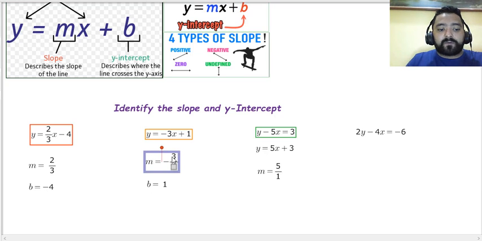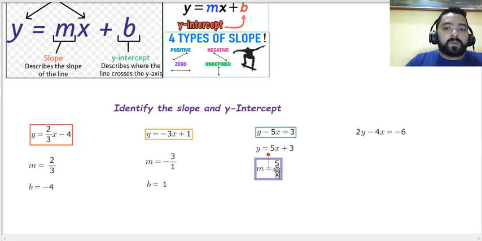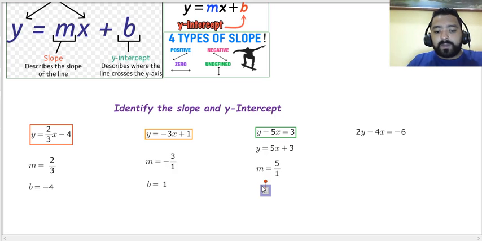It's important to have it as a fraction because remember, the numerator means y and the denominator means x, the change in y and the change in x. So in this case, please write it as a fraction when we have a whole number. And b, the y-intercept, is going to be positive 3, so just write it positive 3. The slope is 5 over 1 and the y-intercept is 3.